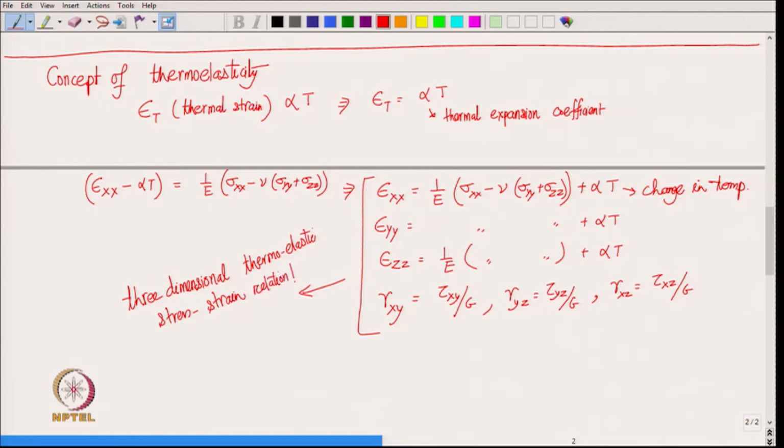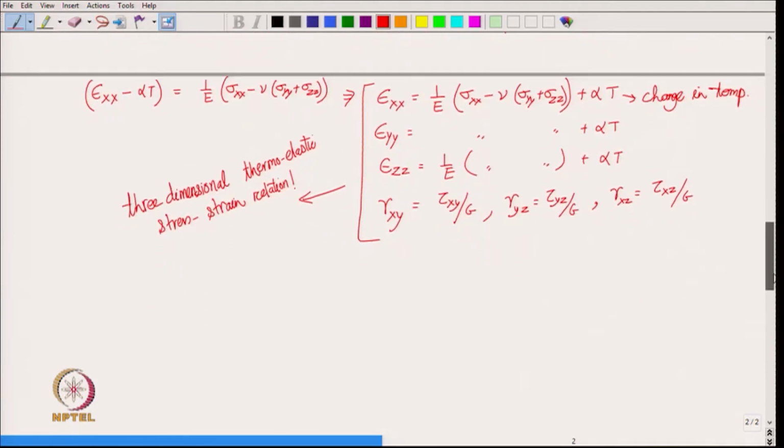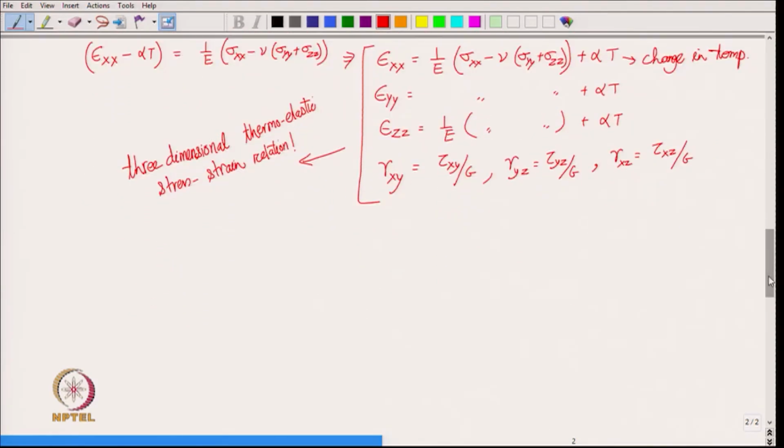Similarly, we have also got the concept of plasticity, for example. Suppose you have got a steel bar and you are doing a uniaxial test.